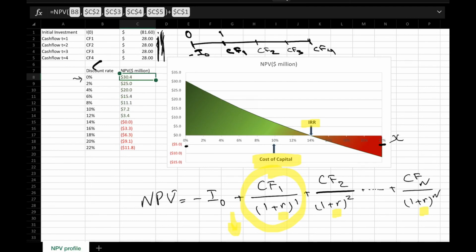So it is a rate at which the present value of benefits is exactly equal to the present value of the cost of doing a project. So IRR is important for us because it shows when the NPV becomes exactly zero.